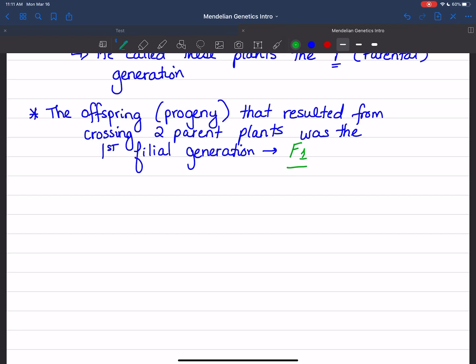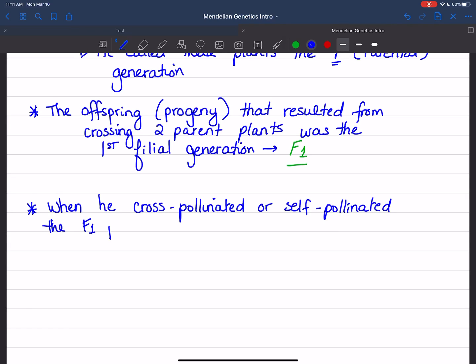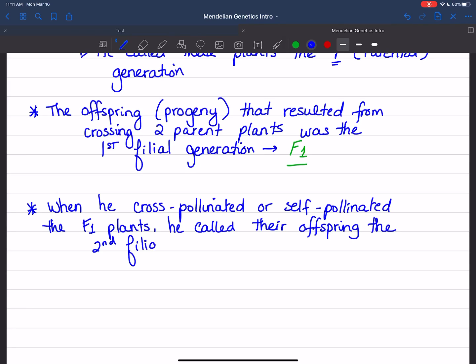Okay, and then when Mendel cross-pollinated or self-pollinated the F1 plants, he called the offspring, you might have guessed it, the second filial generation, or the F2.